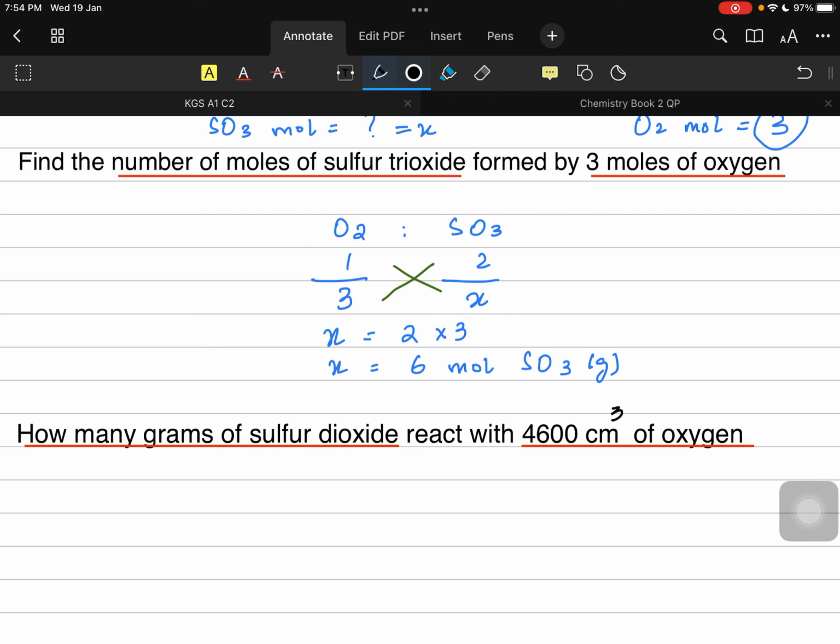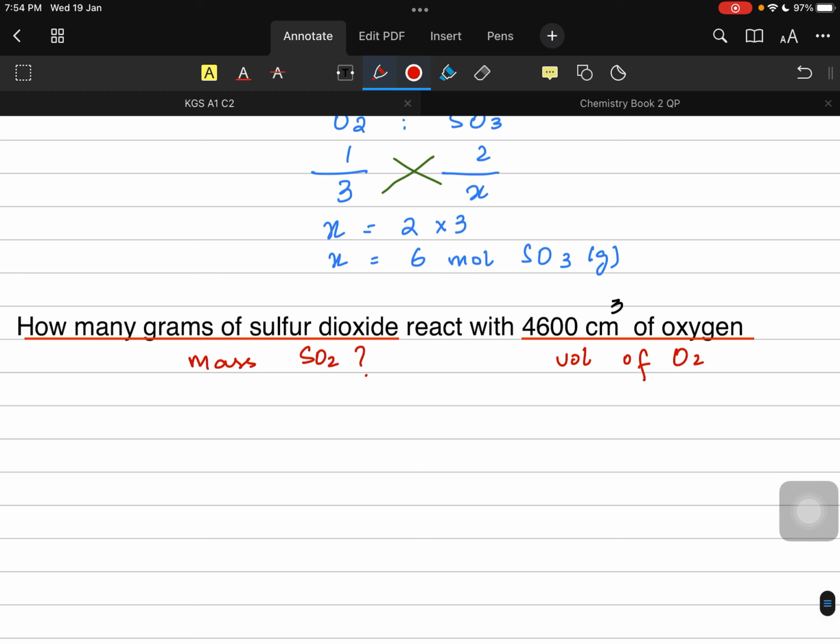So it's a relationship between sulfur dioxide, and it's asking for the mass of sulfur dioxide, and the data given is 46 centimeter cube. Obviously it's the volume of the gas of oxygen. So we know that the data includes the gaseous volume of oxygen.